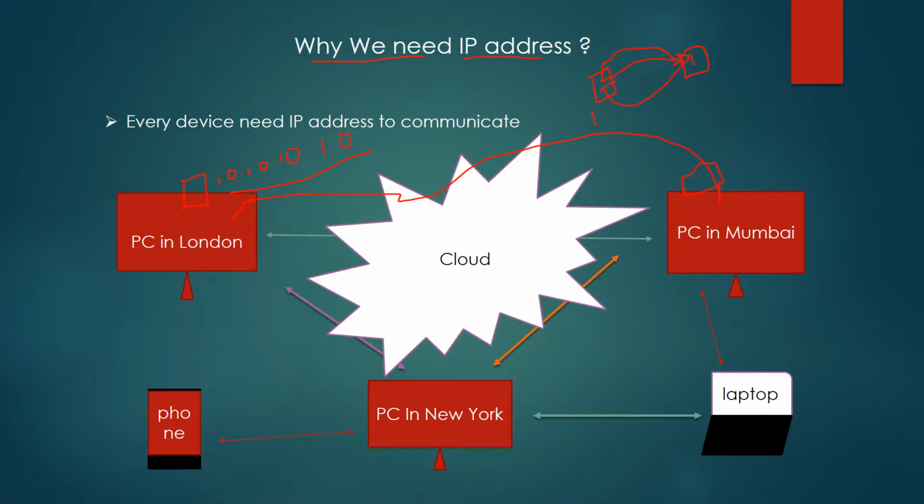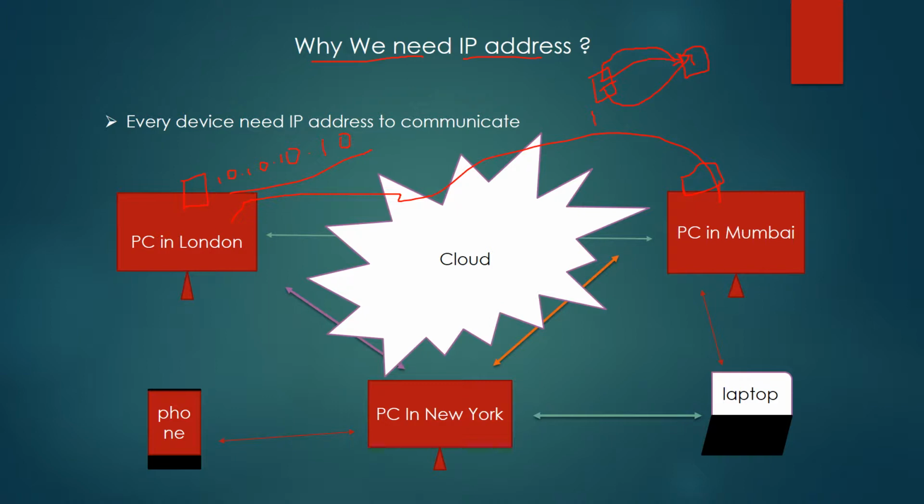Because to communicate with each other, a network device needs an IP address, and that IP address should be unique. Every device, your laptop, your phone, your iPad, your iPhone, whichever is communicating with the internet, has one unique IP address through which we identify it. No matter where you are sitting, London, New York, Mumbai, it doesn't matter. What matters is your IP address.